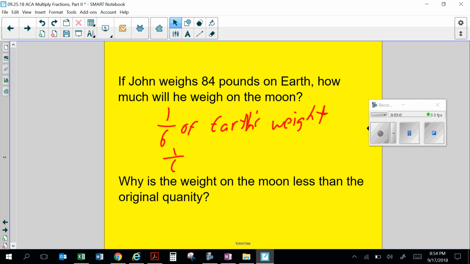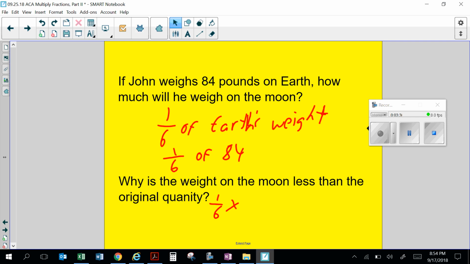So 1/6 of 84. Is our answer going to be less than 84 or more than 84? Well, if you're 1/6, that's only part of a whole, so you are going to be less. So you're finding part of something and you're multiplying.